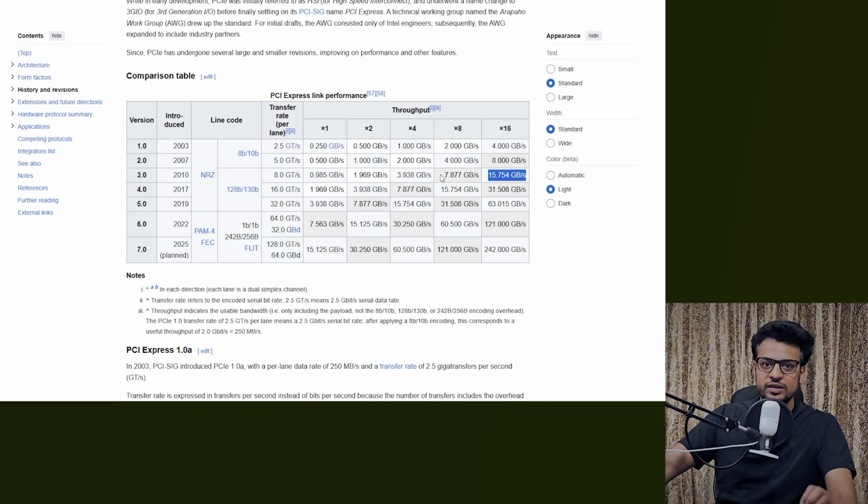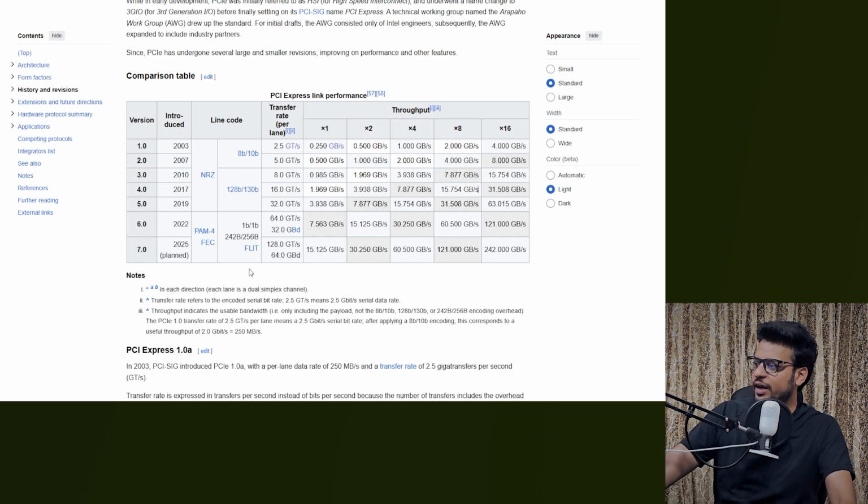Now, if you go for the 4060 Ti, which is running x8 on the card itself, you are limited to just 7.877 gigabytes per second. So this is also something that you have to take care of when you are choosing your parts, from motherboards to graphics cards. You have to take care of all of this.